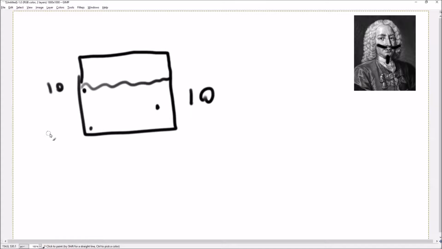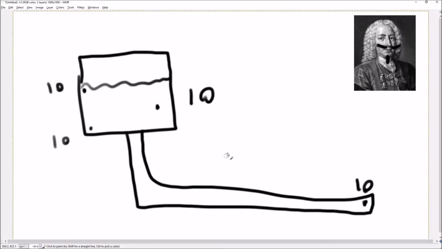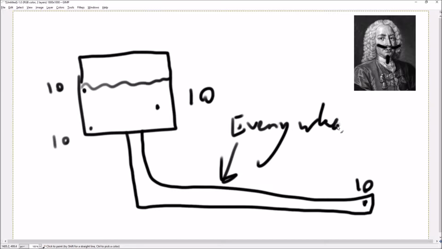And the energy here is at 10. And if there's a pipe that goes down and all the way over here, and we take a measurement here of the energy, it's also at 10. Everywhere in the fluid, everywhere is the same. Oh yeah, look at that handwriting.